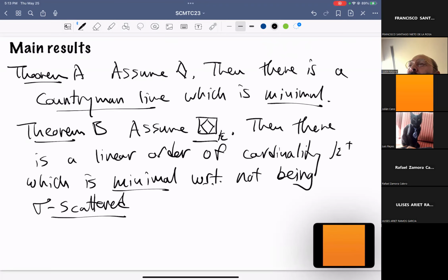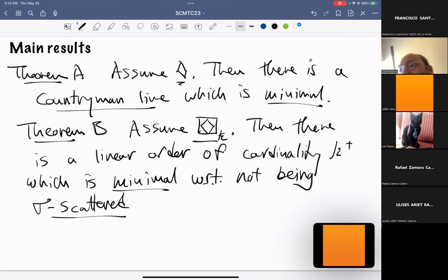So in the first theorem, there's a Countryman line with the property that it embeds into all of its uncountable suborders. Of course, the Countryman line can't embed into countable suborders, but it embeds into all of its uncountable suborders. And this is just using Jensen's diamond principle.